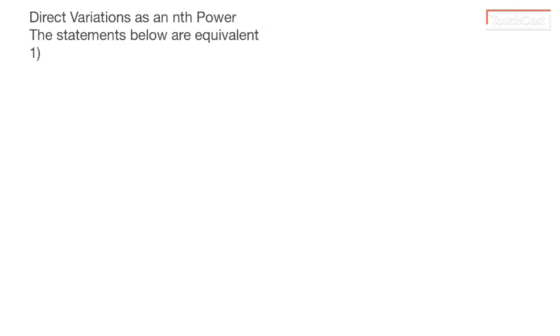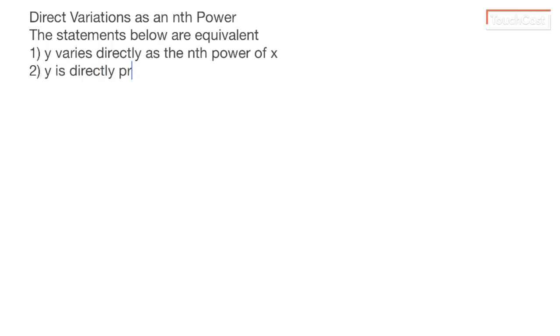One, y varies directly as the nth power of x. It might say y varies directly as the square of x. We could have y is directly proportional to the nth power of x.